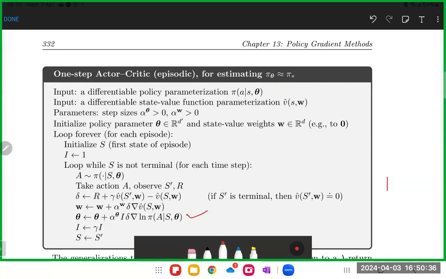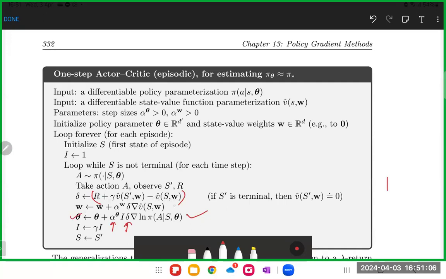Theta new equals theta old plus some small constant alpha into A pi, the advantage, which is the Q minus V. Q you can write as R plus gamma into V of ST plus 1, where S dash is ST plus 1 and S is your current state. So here you are updating your theta based on that.